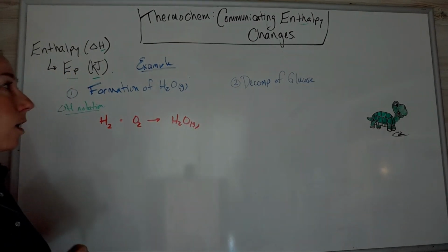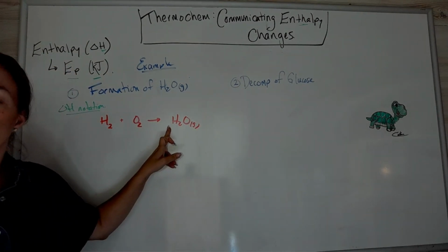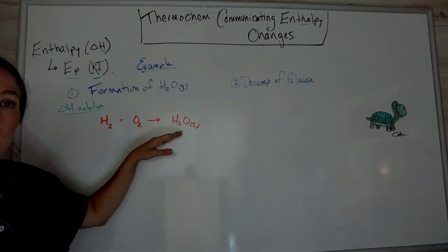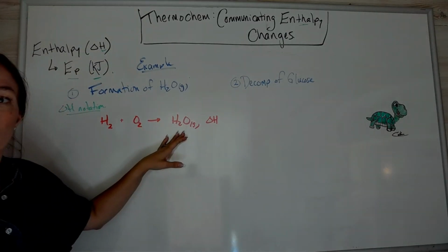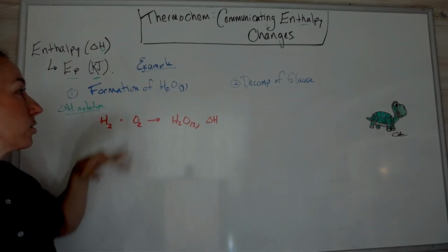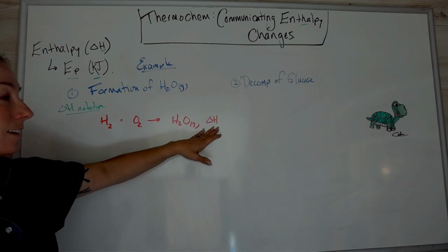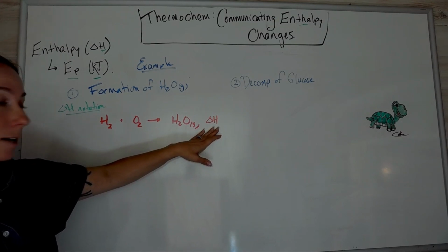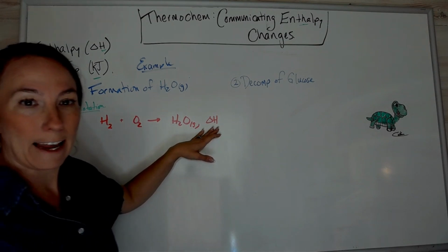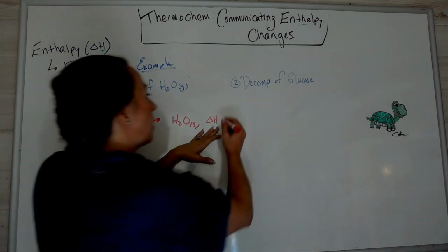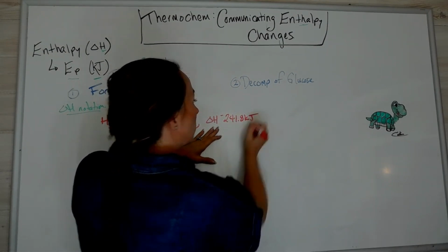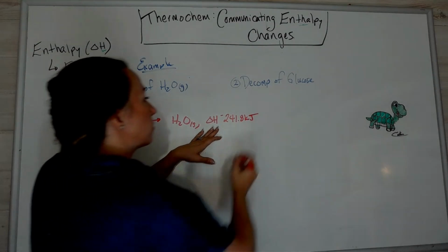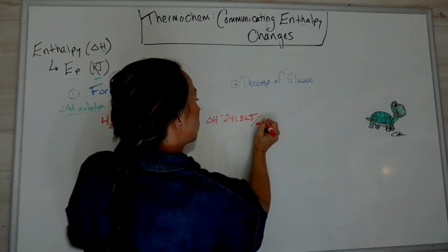Now, I want a 1 in front of this because when I look up what the delta H is for this, looking in the data booklet on pages 4 and 5, we have a whole list of formation reactions. And so the delta H for this is in my data booklet. I'm going to need to look it up. And it's going to tell me that it is negative 241.8 kilojoules. Is that right? Yeah, kilojoules. And the title of that says kilojoules per mole.